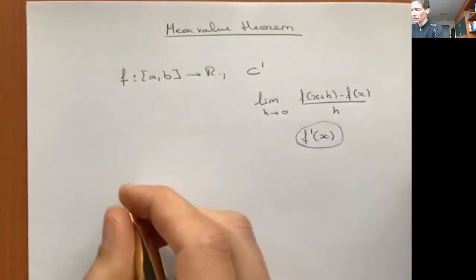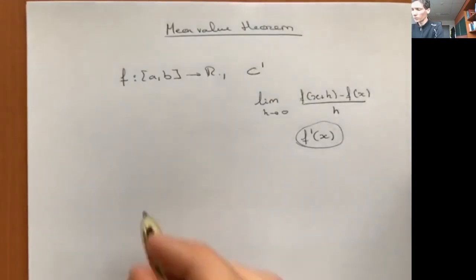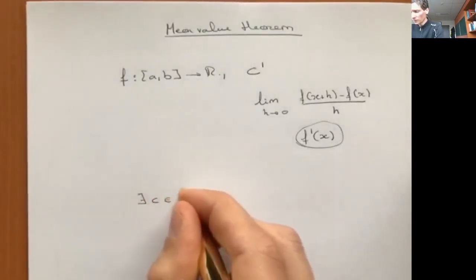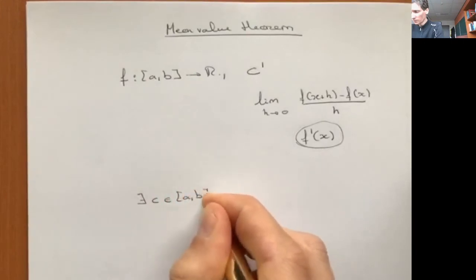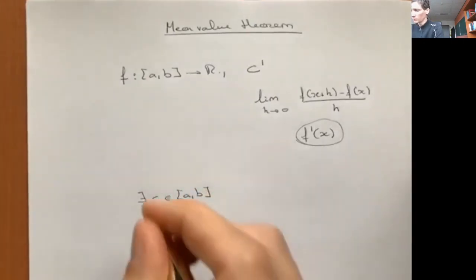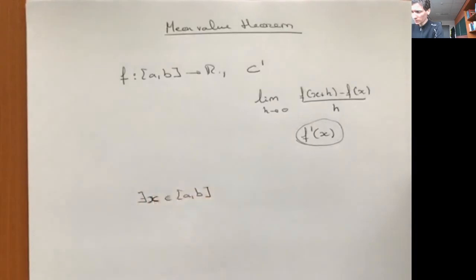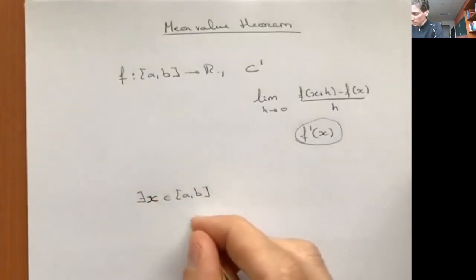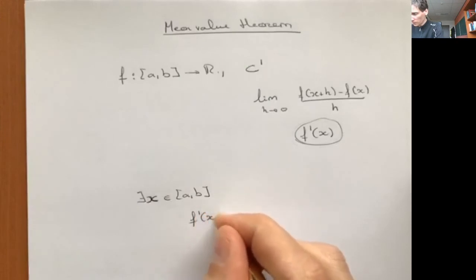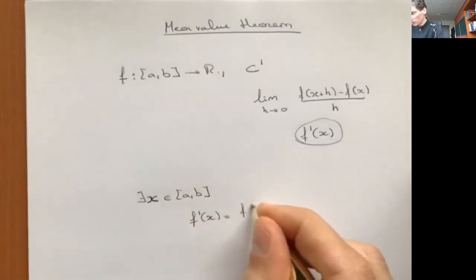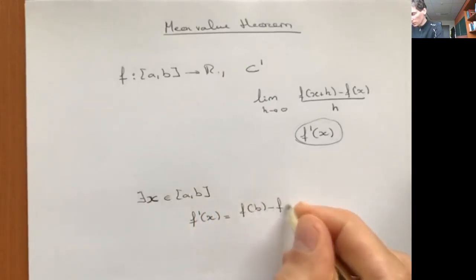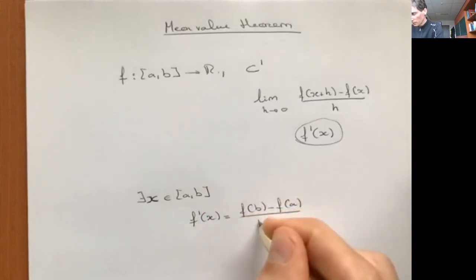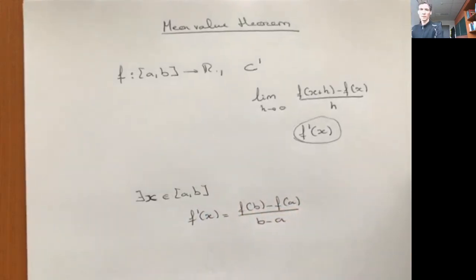Well, it tells you that if this function is C1, then there exists an x in the interval (a,b) such that f'(x) is equal to (f(b) minus f(a)) divided by (b minus a).